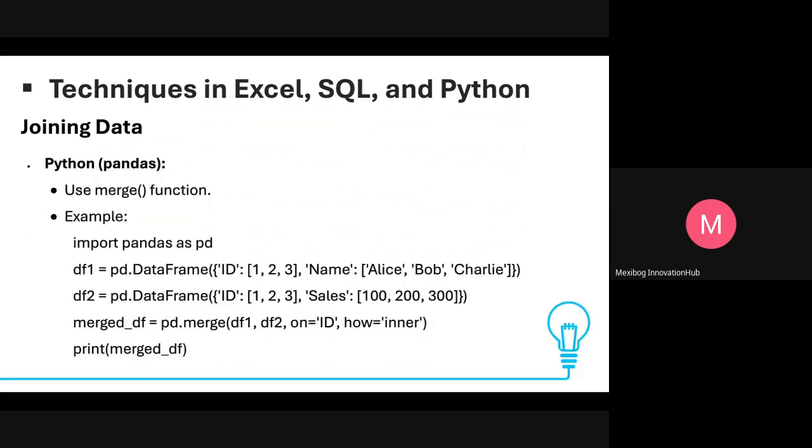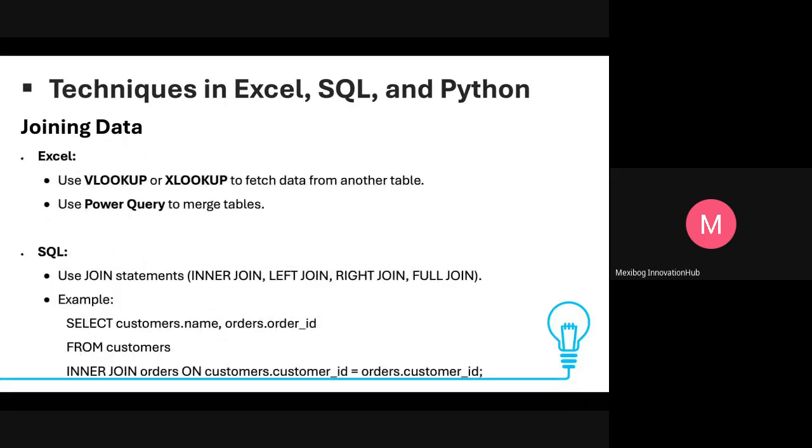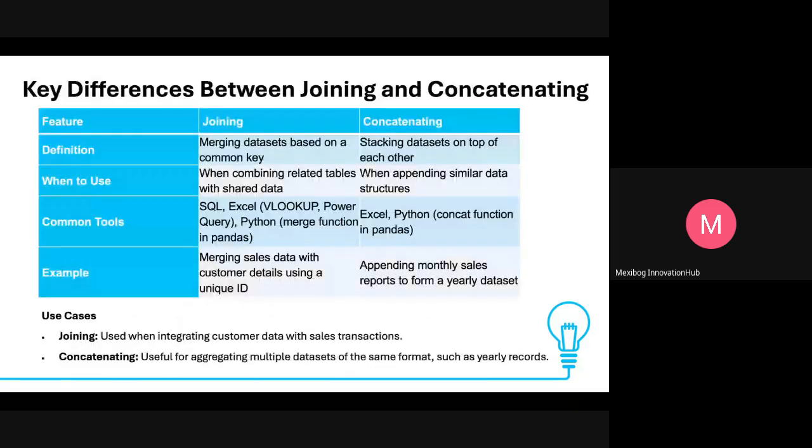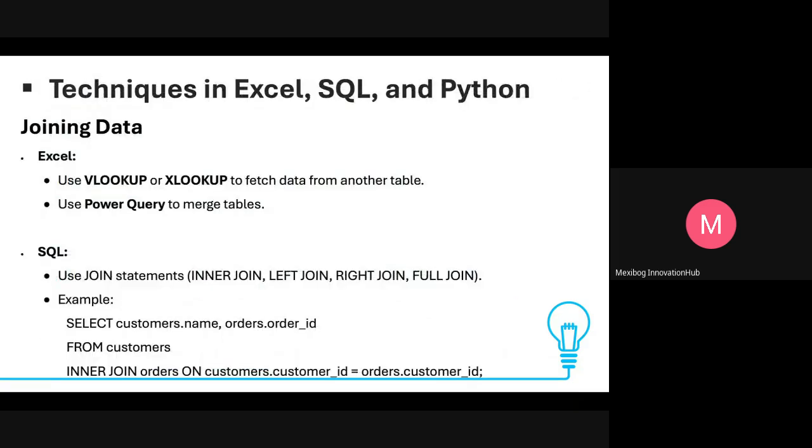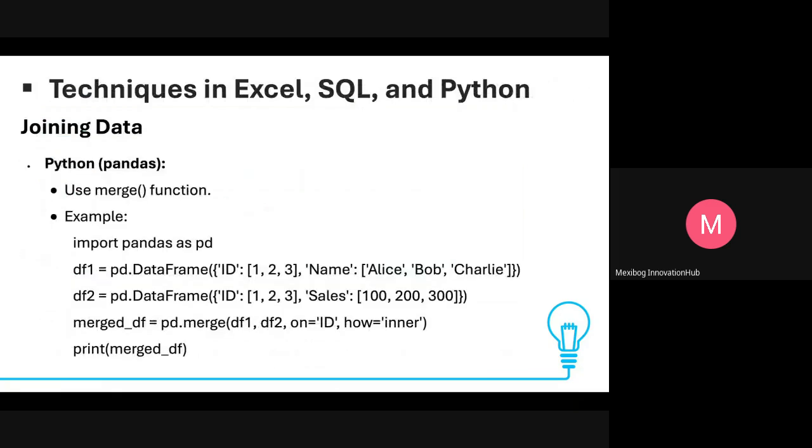Then joining data, techniques in Excel, continuation, joining data using Python. In the first case, let me go back. We use Excel and SQL. So this time around, a typical example in Python could be you use the merge function. An example is you import pandas as pd.